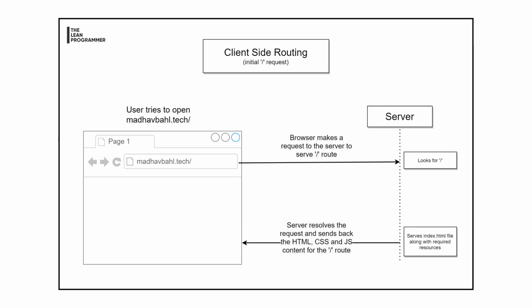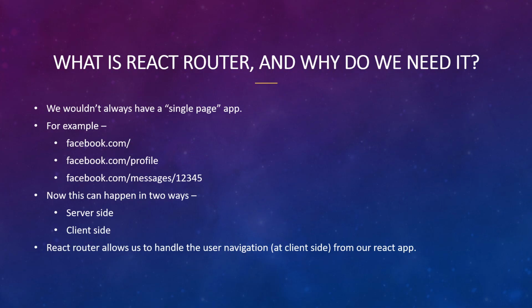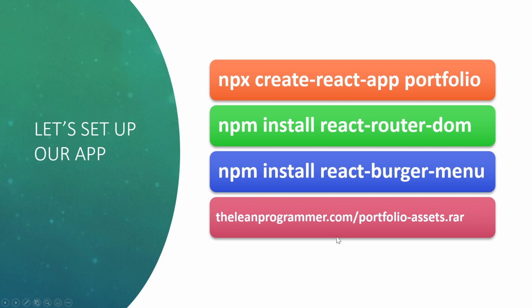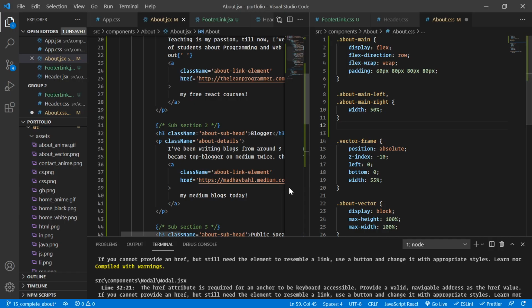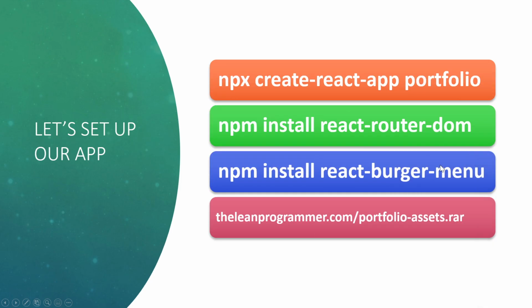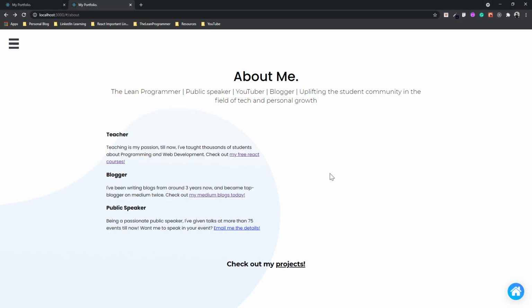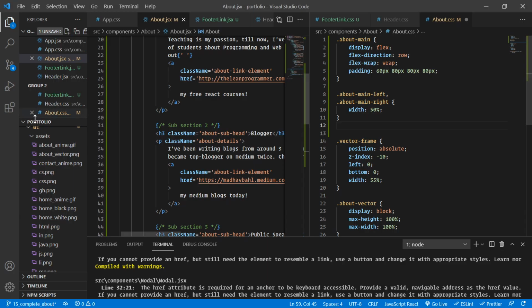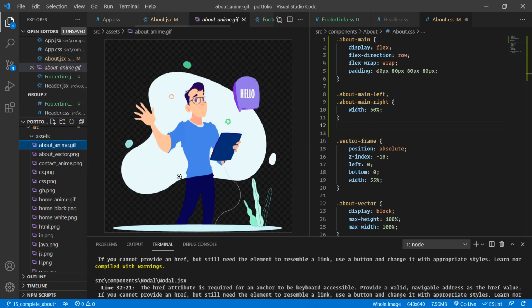The link was theleanprogrammer.com/portfolio-assets.rar. Perfect. So now you already have a link to these assets, and you can find this animation inside about-anime, about_anime.gif. So this is the animation here.